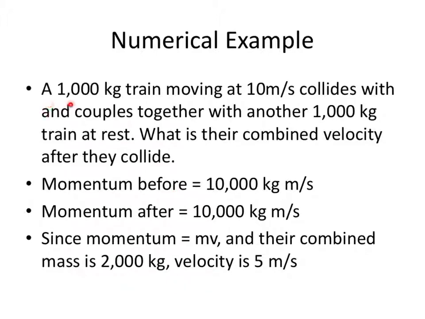The first train has a 1,000 kilogram mass multiplied by its velocity, 10 meters per second. That gives it a momentum of 10,000 kilogram meters per second. Then we look at the other train, which also had a mass of 1,000 kilograms, but it was at rest. So its velocity was zero, so it doesn't contribute anything to the total momentum. So the total momentum before the two trains collide was this 10,000 kilogram meters per second.